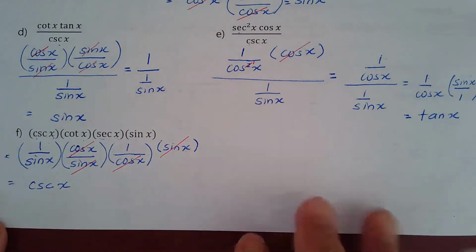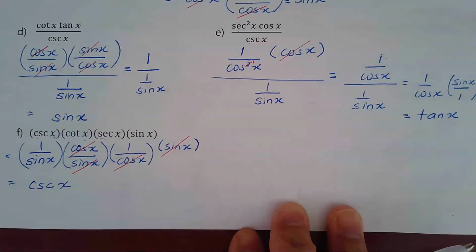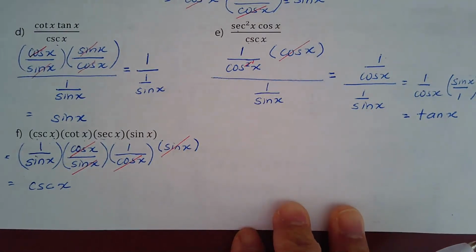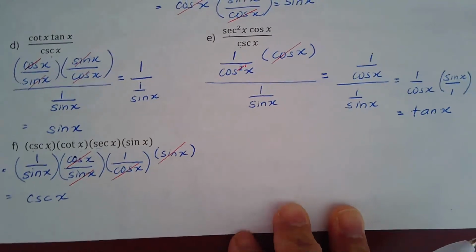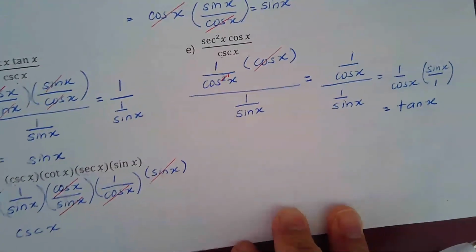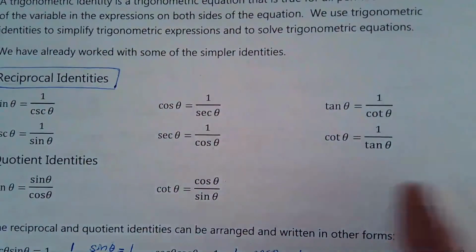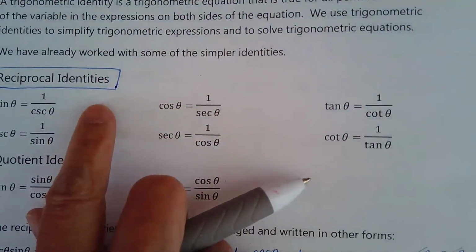Okay, I think I'm going to stop right there because we've already talked about a bit of stuff in this particular video. So just to refresh your memory again, we talked about reciprocal trig identities.